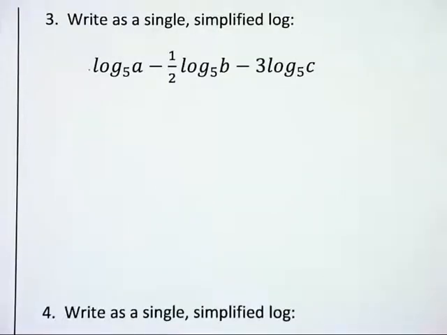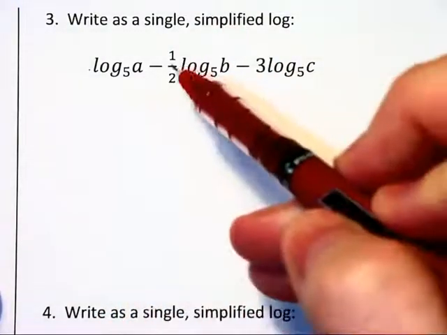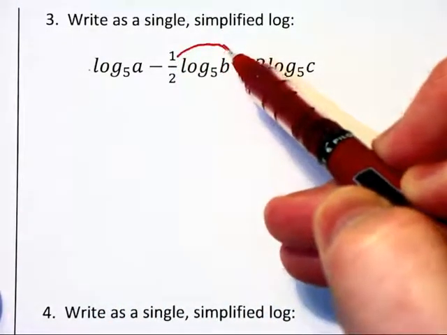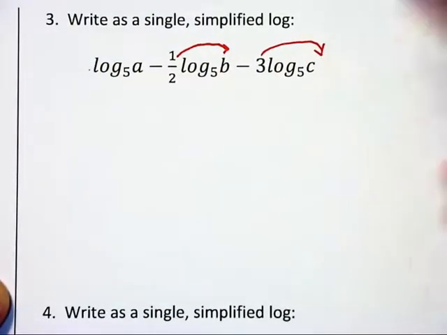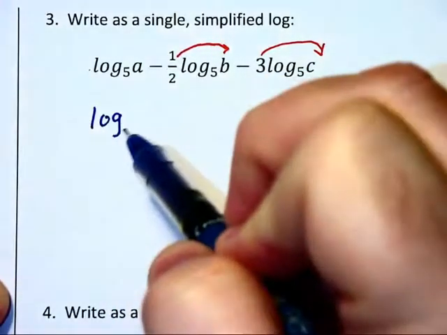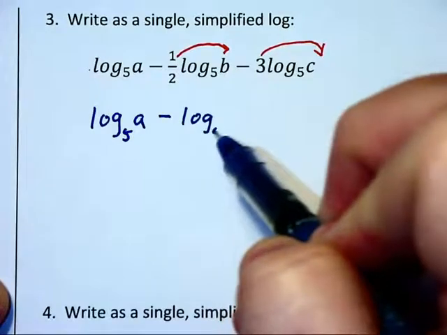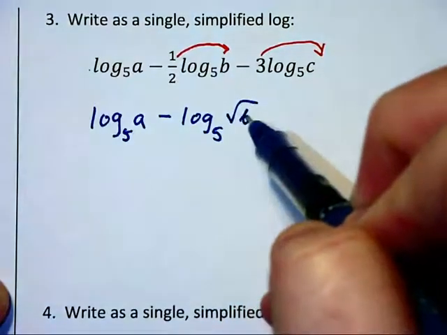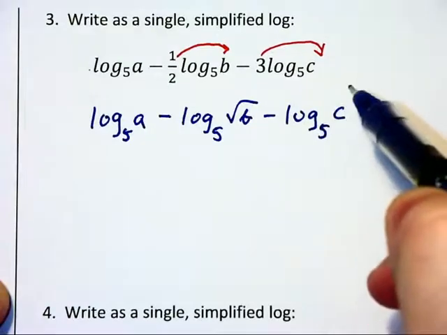Now let's go in the other direction and write this as one single simplified log. This first log is simplified already, but we've got a 1/2 power I can bring up on the second log, and I have a third power I can bring up on the third log. This can be rewritten as log base 5 of a minus log base 5 of the square root of b minus log base 5 of c cubed.